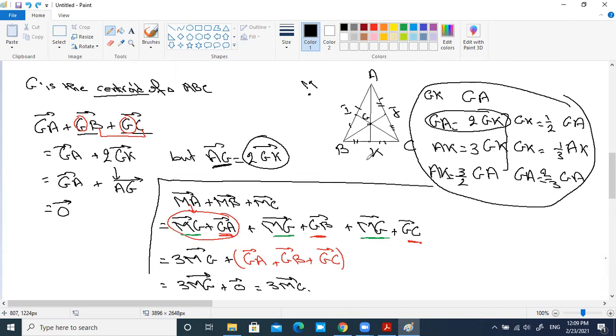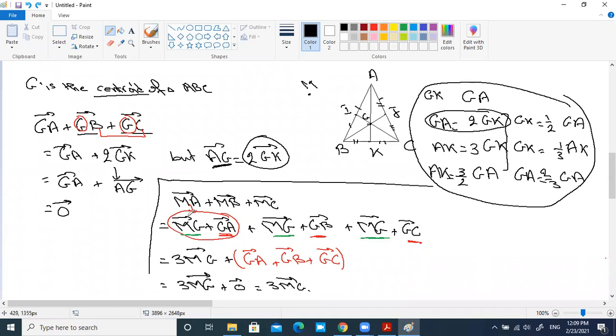And vice versa. If you prove that for a given point M in the plane, MA plus MB plus MC equals 3MG, then G will be the centroid of the triangle ABC.